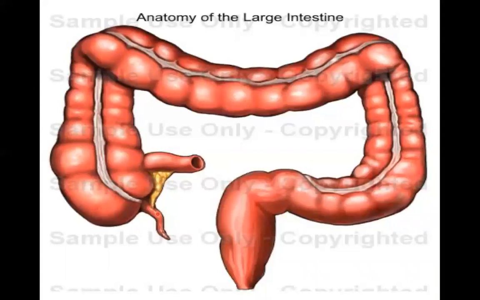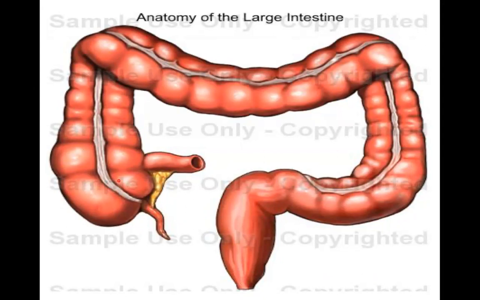It consists of several parts: the cecum, which is the commencement, a blind sac pouch, then the ascending colon, right colic flexure, transverse colon, left colic flexure, descending colon, the sigmoid colon, rectum, and the anal canal.